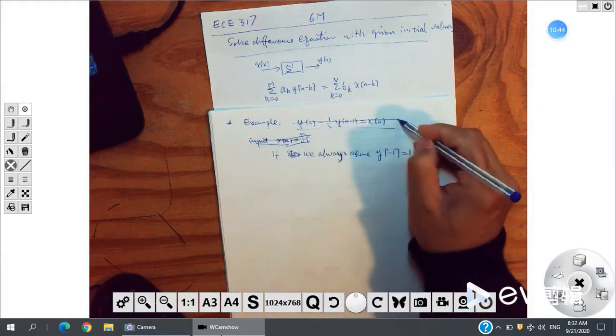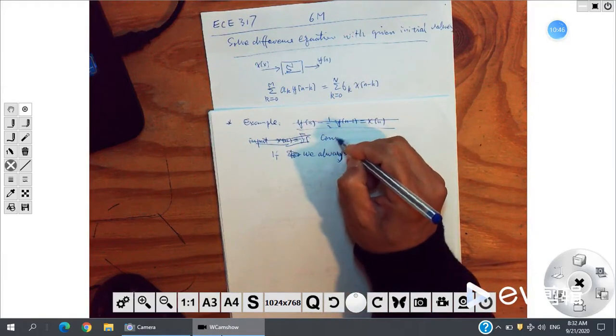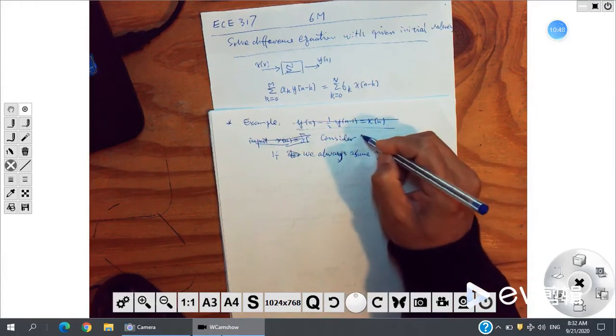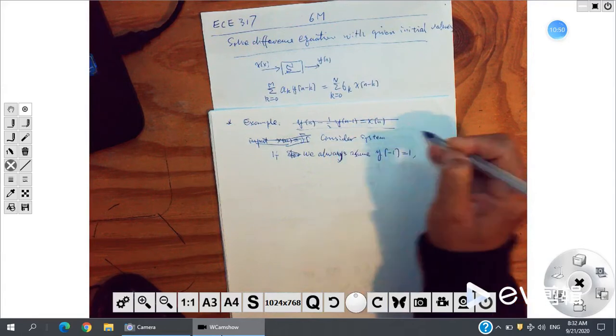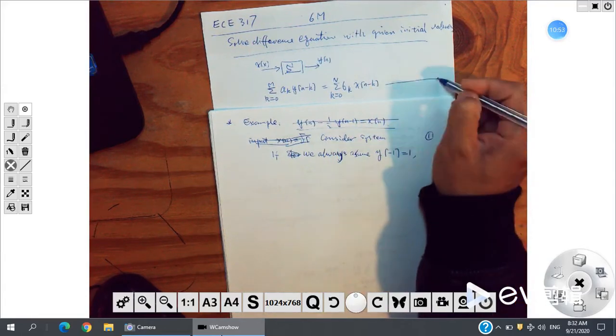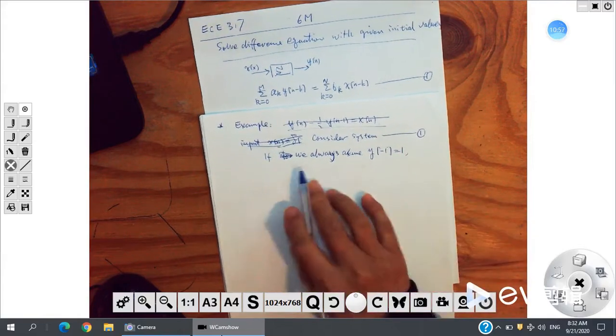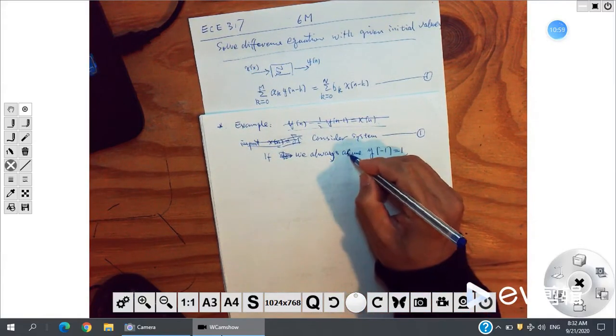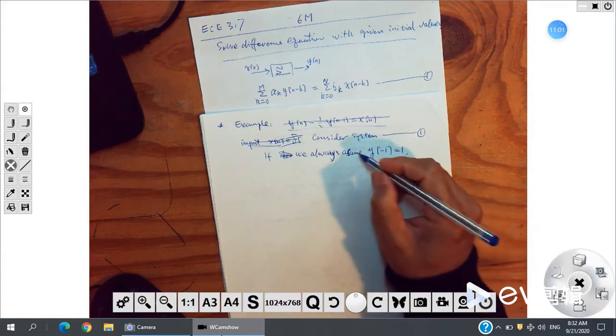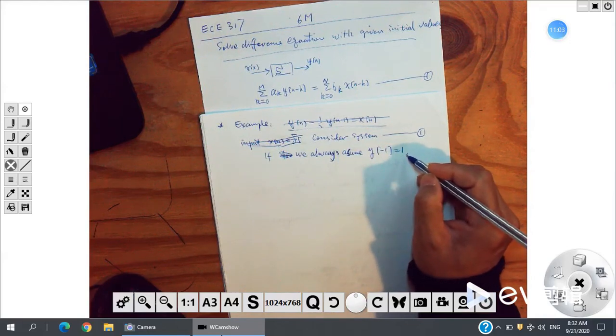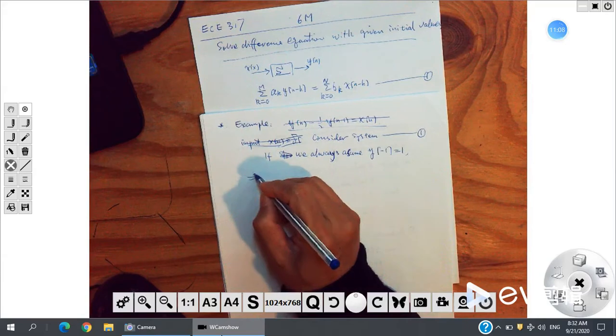Example. Consider system 1. See, this is 1. Alright. System 1. If we always assume y[-1] is 1, then what can we say?